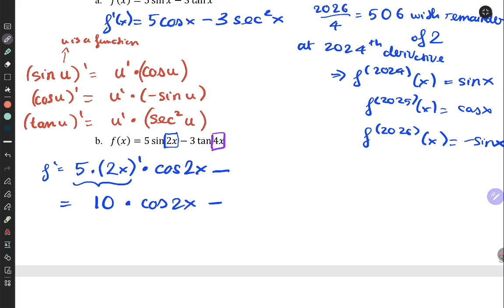Anything other than x is a function. Then you have to put the u prime in the front. Compare your answer with your friends, with your neighbor, in your group. Look around.